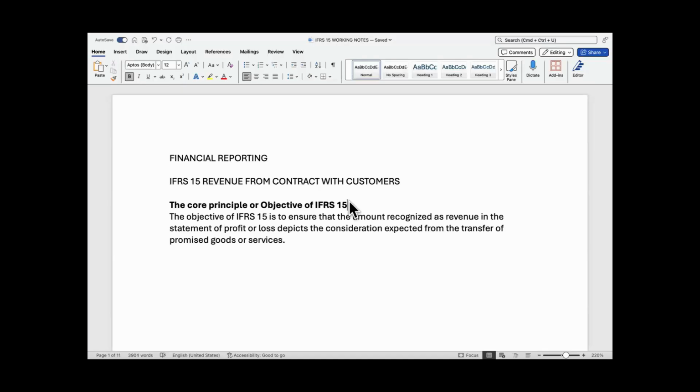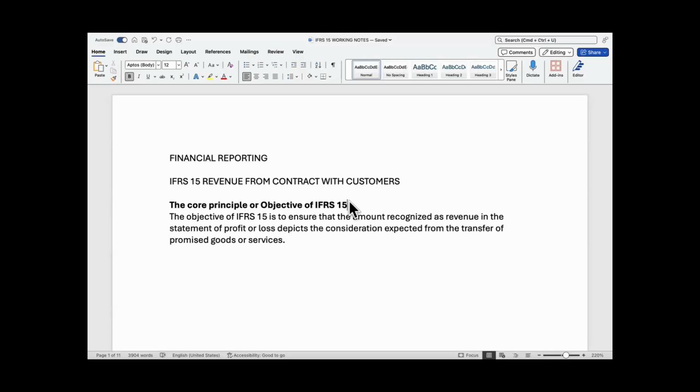So we want to ensure that the amount that is recognized as revenue should depict the money you're expecting for the work you have done, in such a way that if you have a service that is going to earn you 50 million and you have only done, let's say, half of that service, you should only recognize 25 million in your books.